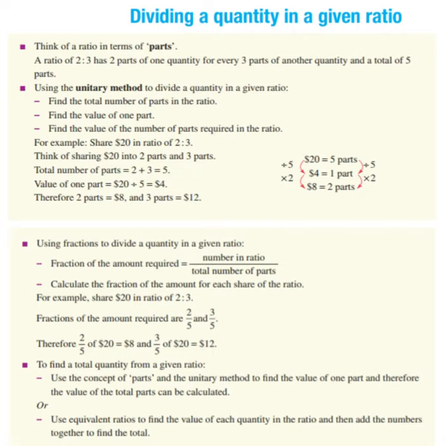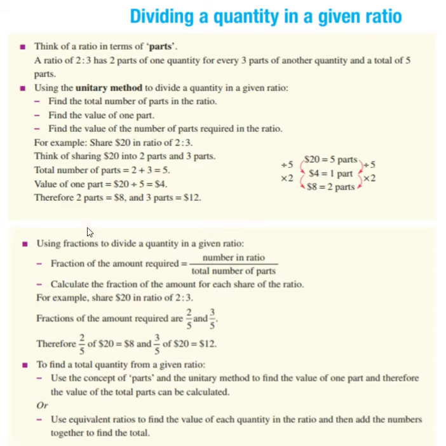This is lesson 3, and it's called dividing a quantity in a given ratio, which is one of the most common problems faced when you're dealing with ratios. Now, from this point on, I want you to think about a ratio in terms of parts.